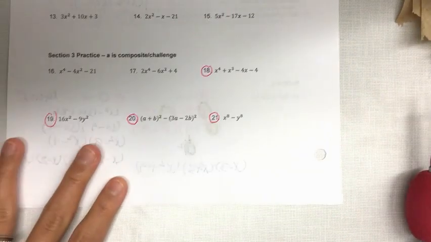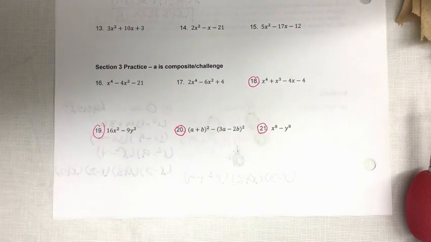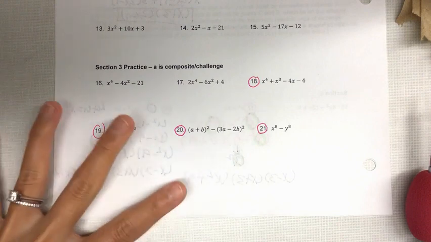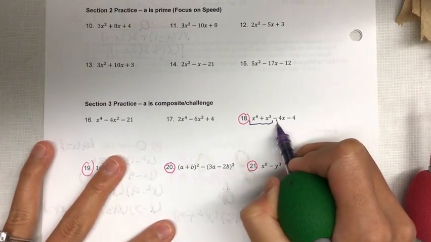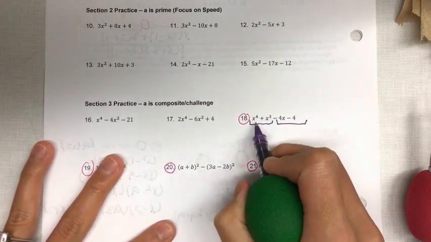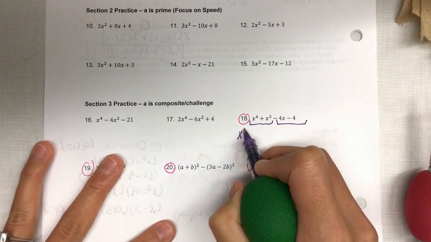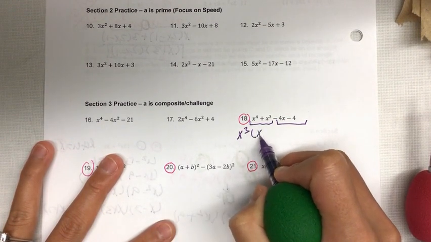Okay, on the bottom. On number 18, do we see that it's already in a grouping form? Is it pretty much set up for us? Yep. So all we need to do is take this one and take this one. When I do, I know the common term that I could take out is x cubed. So I have x plus 1.